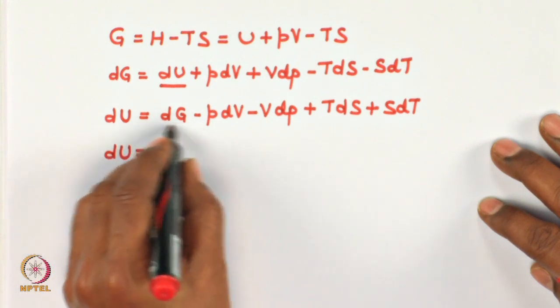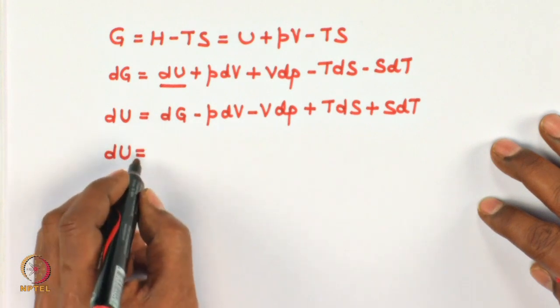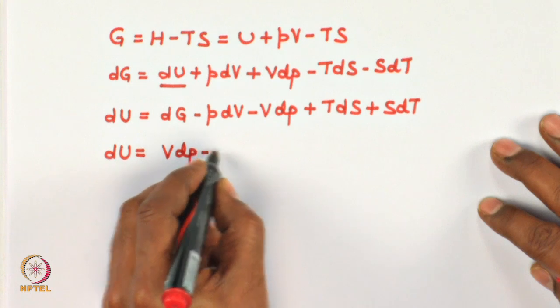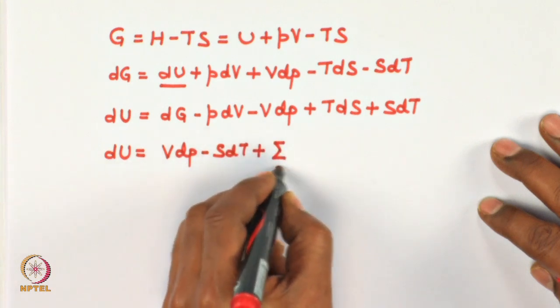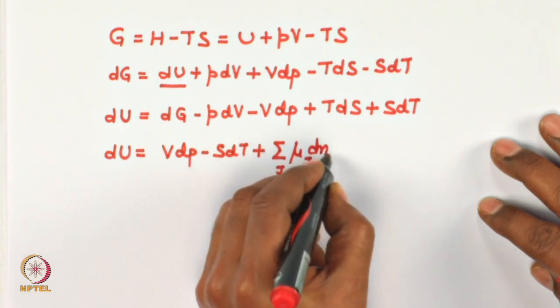Now, I use the expression for dG that I told you to remember earlier. dG is equal to Vdp minus SdT plus summation j mu j dnj.